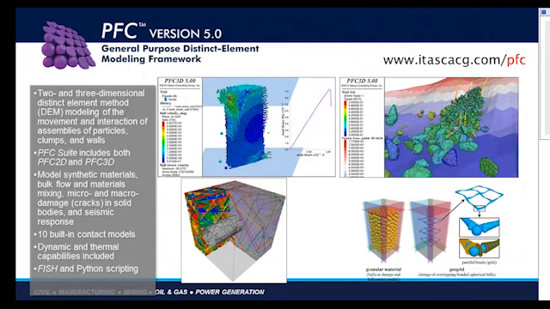So it's conducive to testing new materials. It's also conducive to doing other simulations.